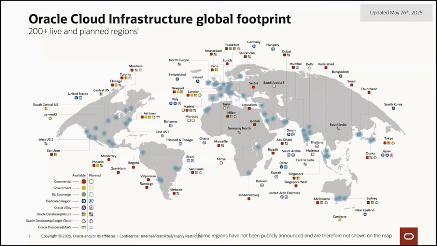We also have government regions available as well, dedicated region options, and we also have some partnerships. So partnerships with Azure, Google Cloud, and AWS. So if you have things running in another cloud provider and you want it to be closely located to some of the services that you have running there, you definitely have that option with Oracle.